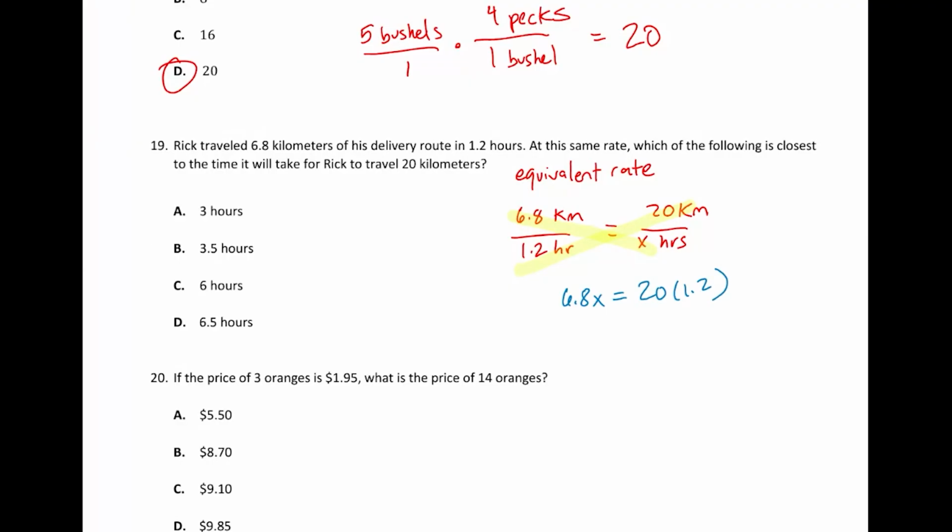Sometimes it's called cross multiplication or the butterfly method. Take your pick on which one you want to call it. So 20 times 1.2 is going to be 24. So we've got 6.8x equals 24, and then we'll divide both sides by 6.8.